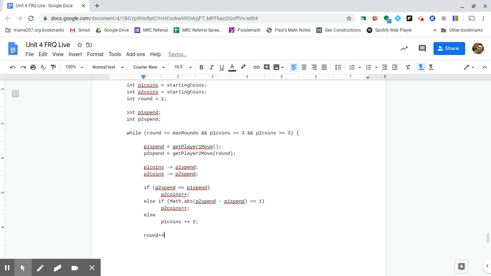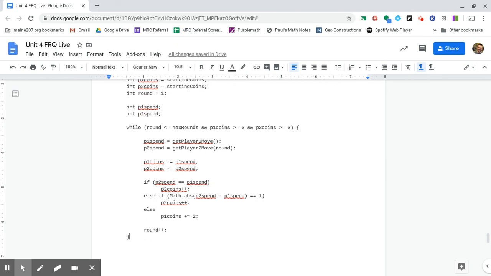Increment the round and end our while loop. So every single time you play a round, you should get the amount they spend, subtract it from their current amount of coins, and then add anything back.